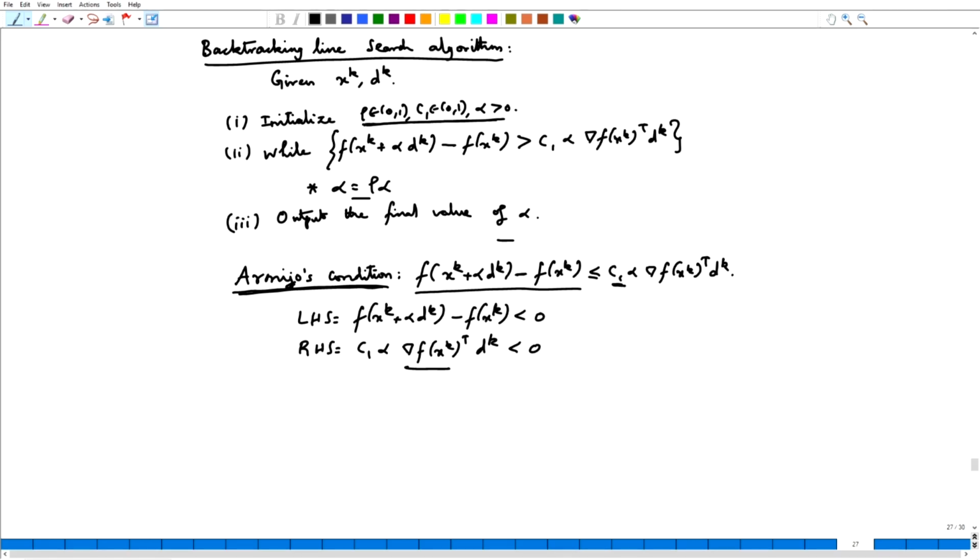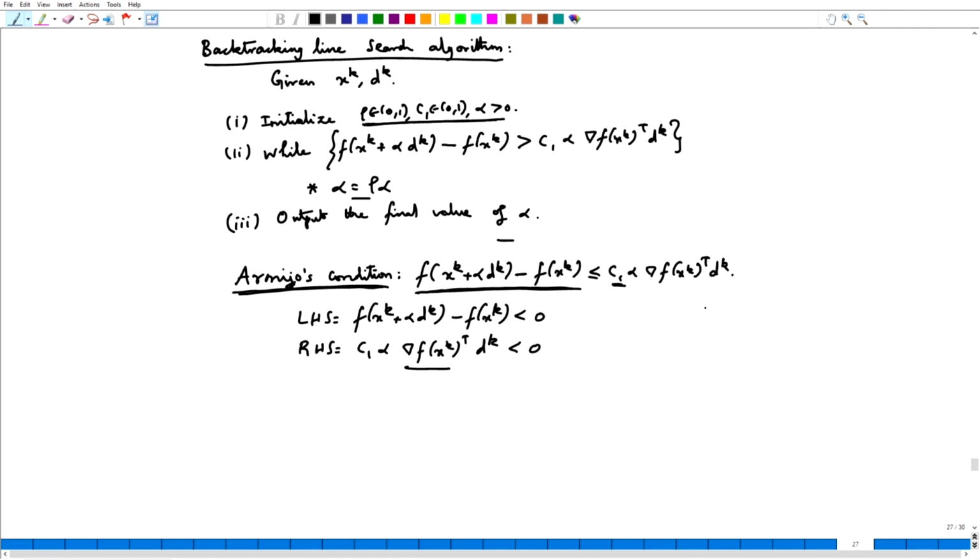So, what the Armijo condition says is that this quantity which you want to be negative, f of x k plus alpha d k minus f of x k, is not just required to be negative, it should be less than or equal to some particular value.